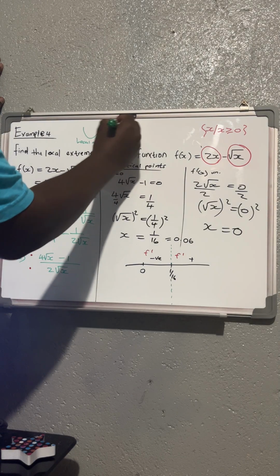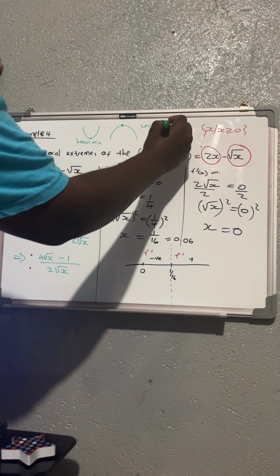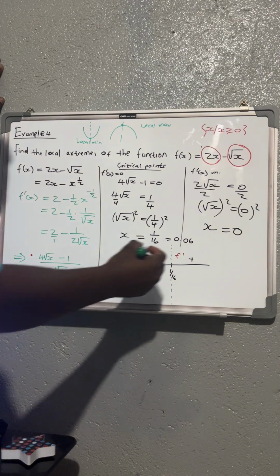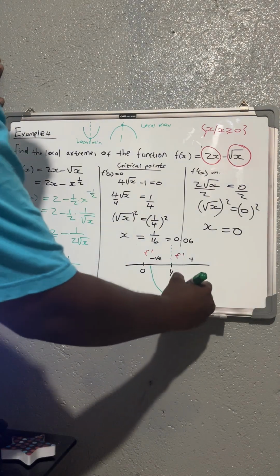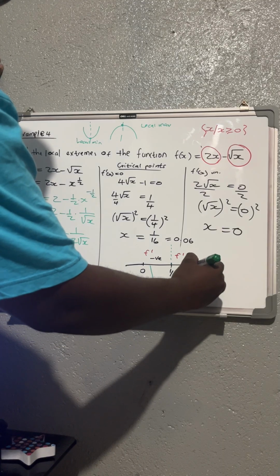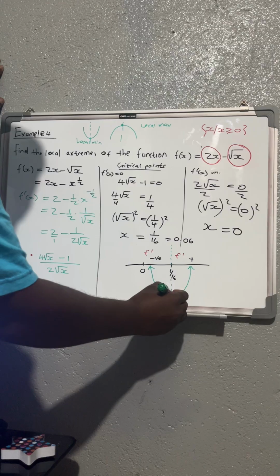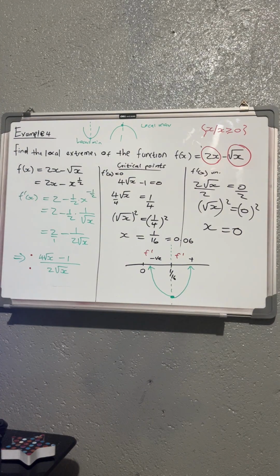Then this would be your local max. So this would be that dotted line I'm doing. Then your negative, it's just something that is going like this. Then your positive, it's going up. So now you have a shape that looks like this. So it basically tells you that at x is equals to 1 over 16, we have our local maximum.